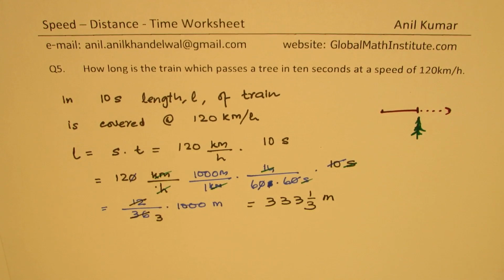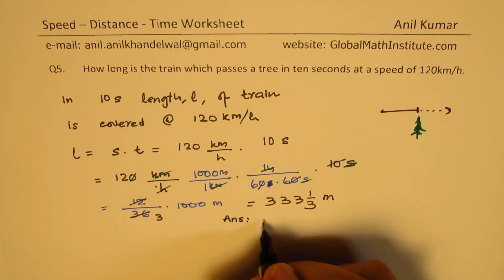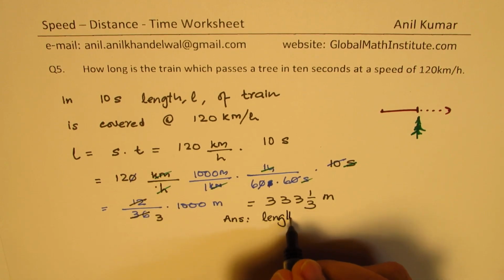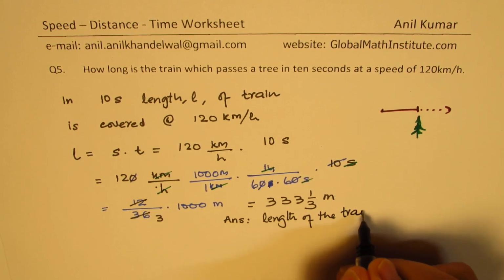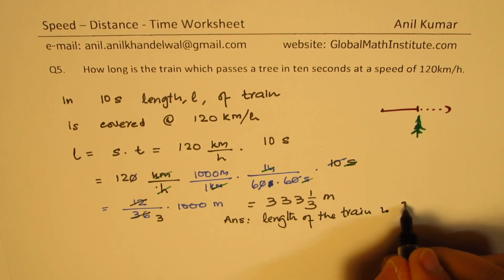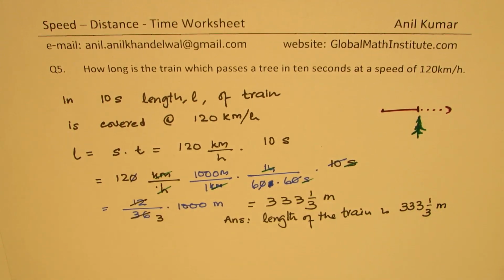Do you see that? So that is how we get our answer. And therefore, we can write our answer as length of the train is 333 and 1 over 3 meters. Does make sense to you? So that is how we should be answering this question.